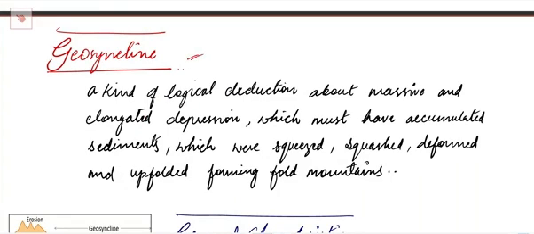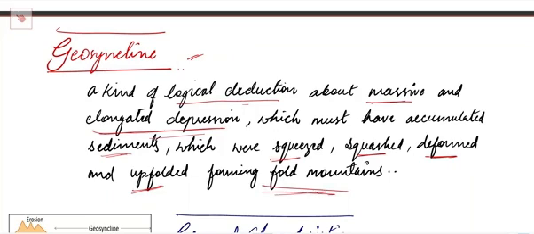Geosyncline is nothing but a logical deduction about a massive, elongated depression which must have accumulated sediments which are squeezed, squashed, deformed, and upfolded, forming fold mountains.